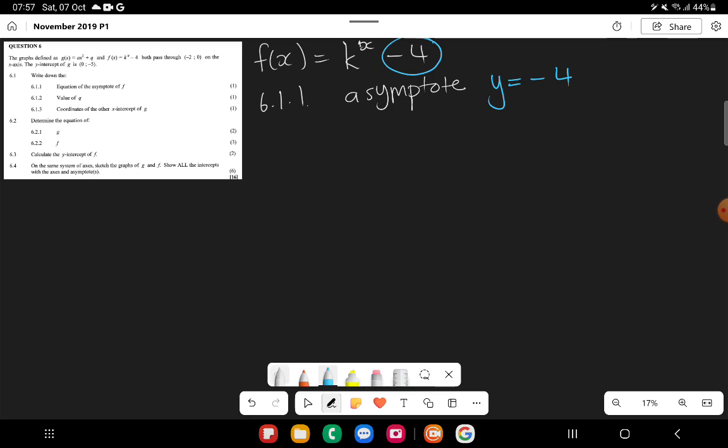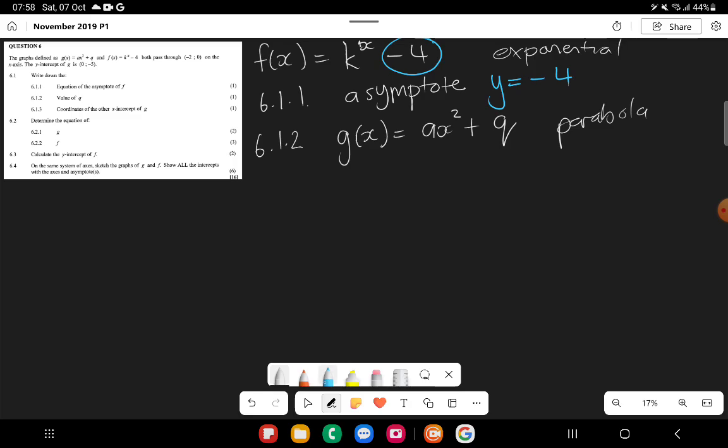Notice that this q is on the g of x. So 6.1.2, g of x is equal to ax squared plus q. This is a parabola, and f of x is an exponential function.